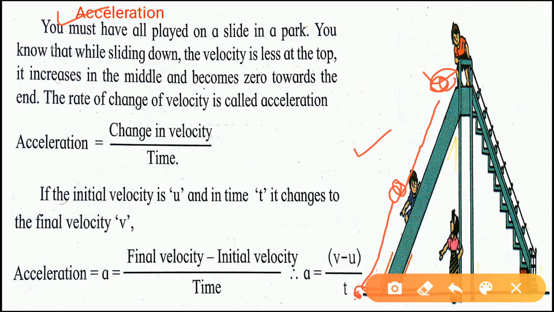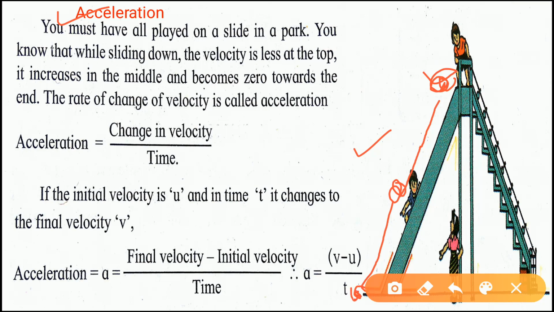So, very simply, while sliding down the velocity is less at the top, it increases in the middle, and becomes zero towards the end. In this entire case, the velocity is different at the top, different in the middle, and different at the end.